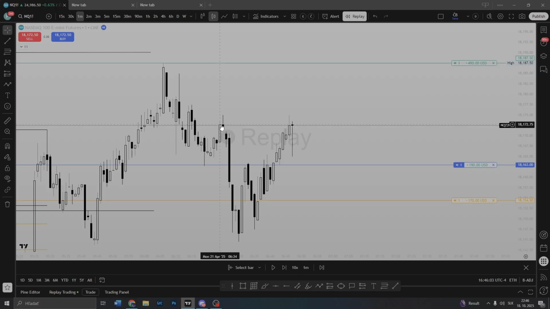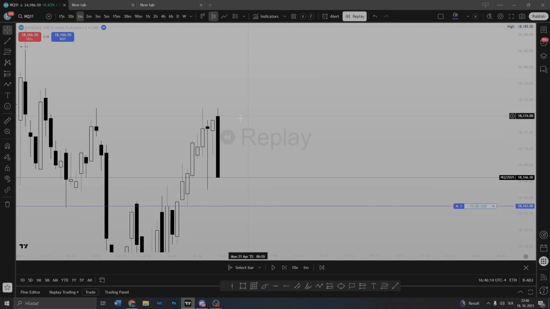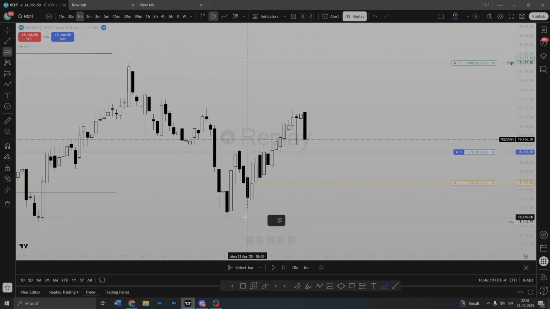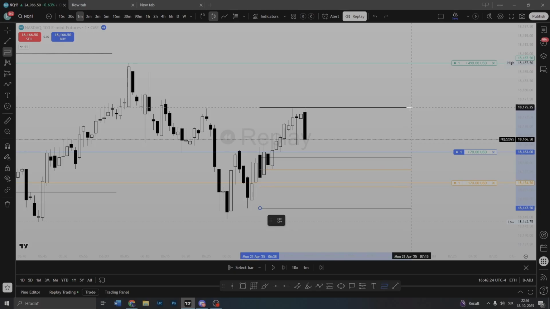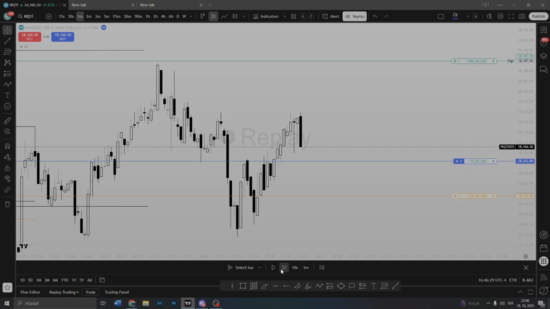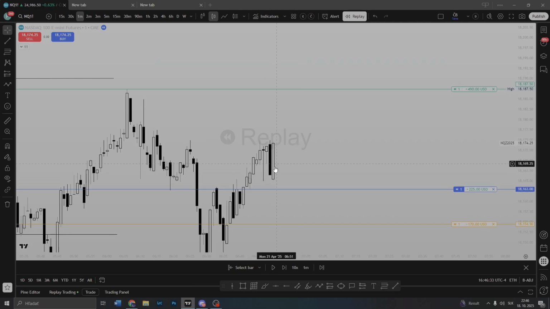We are not closing yet above it. We closed this candle, created equal highs right here, and I don't think this is 50%, it can be, it's more like 25%. Yep. I like the way how we just flip this candle.